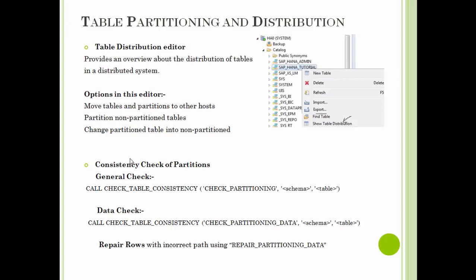Based on the result of these checks, we will do a repair. Repair will fix rows located in any incorrect paths. If any incorrect paths are there for rows, that will be corrected using the repair rows functionality.